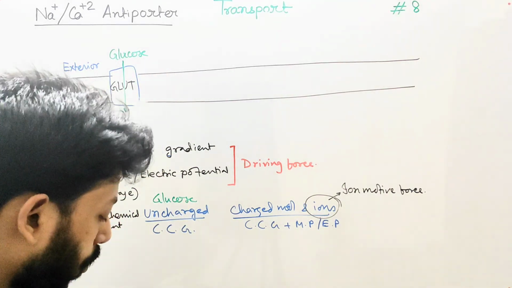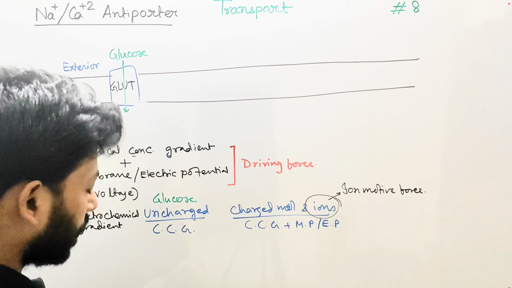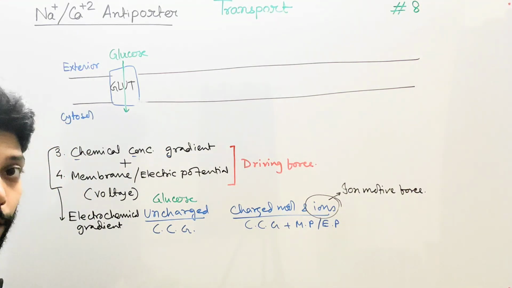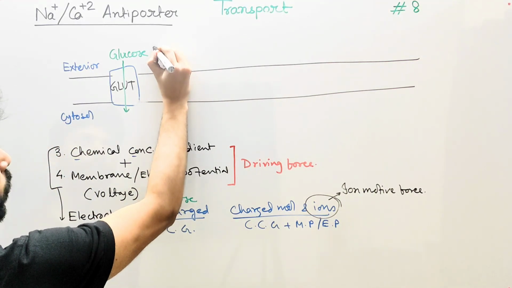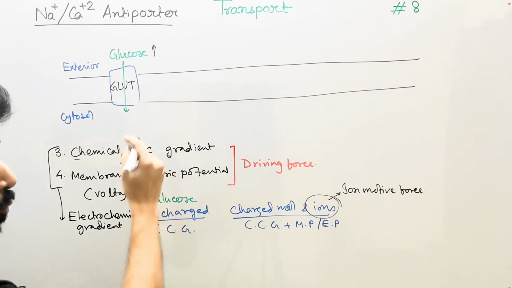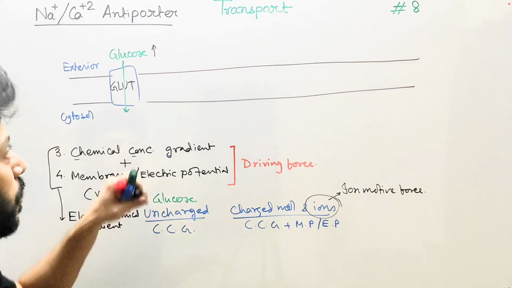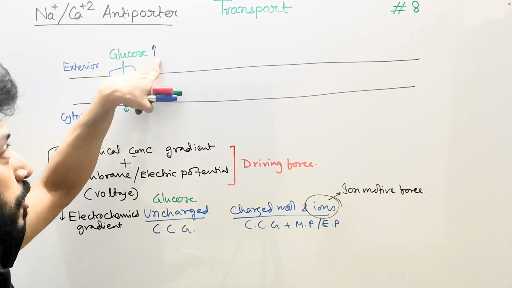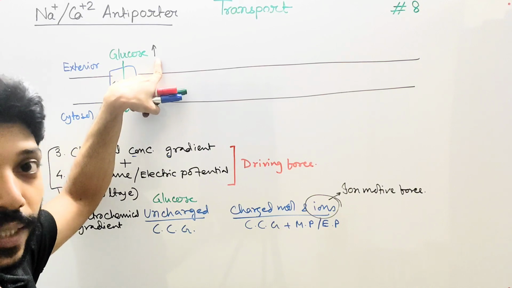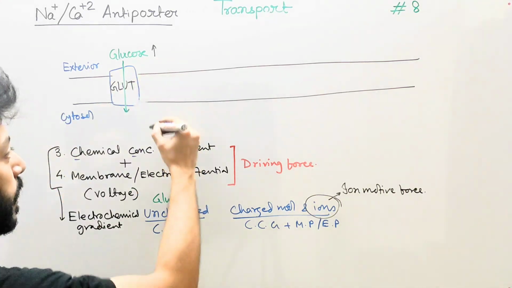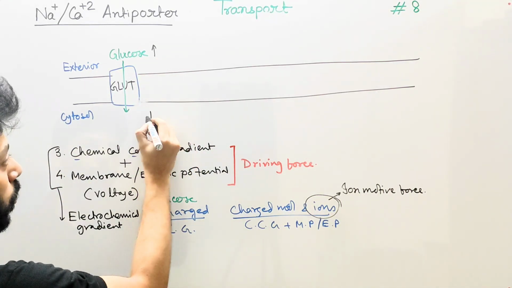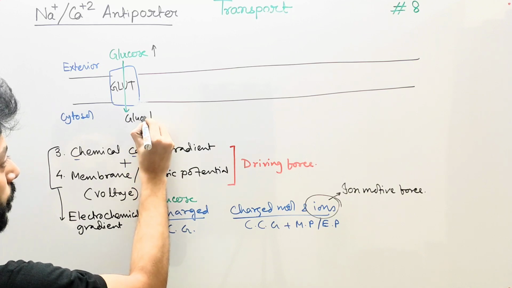Now one thing we have to understand is that the concentration of glucose outside, in the blood, is high. In most situations or most cells, the concentration of glucose is high in the blood or extracellular fluid than inside. So glucose concentration is lower inside.